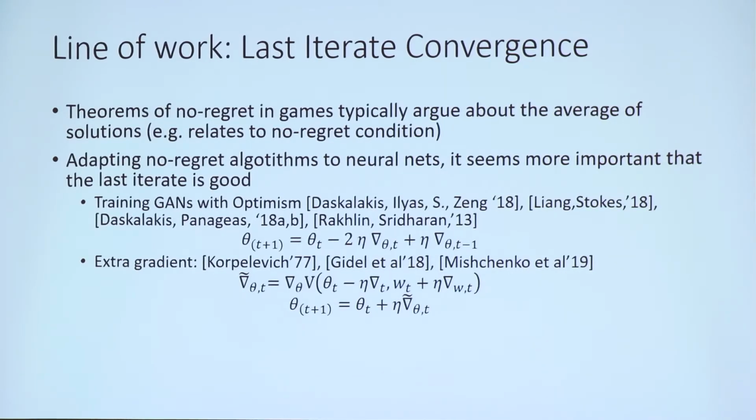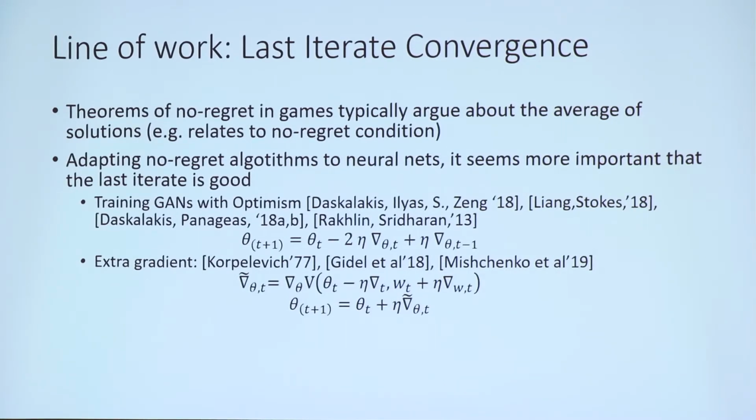There are some subtle differences between these two. The first one double counts the last gradient. The other one tries to find a prediction of the next gradient by taking a gradient step from the current solution. So the two are slightly different but have the same intuition of trying to predict where we're going to end up in the next period and correct from there.